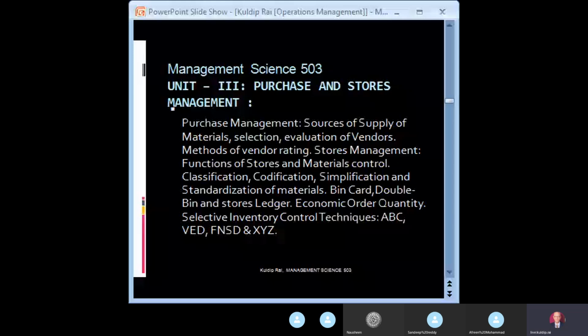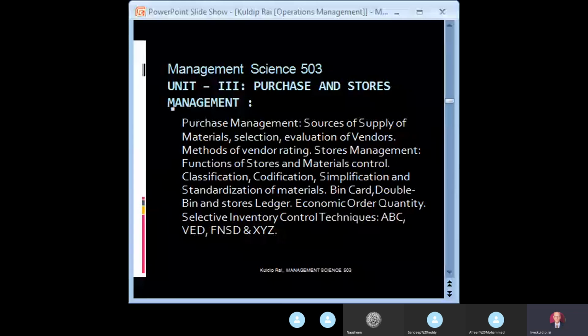But there will be somebody in that organization who handles purchase management. In RG College, for example, we don't have a designation like purchase manager. No, we don't have. But the function, yes, it exists. We have a joint director, Sri Ramachandramurthy. He handles the purchase management function in RG College.